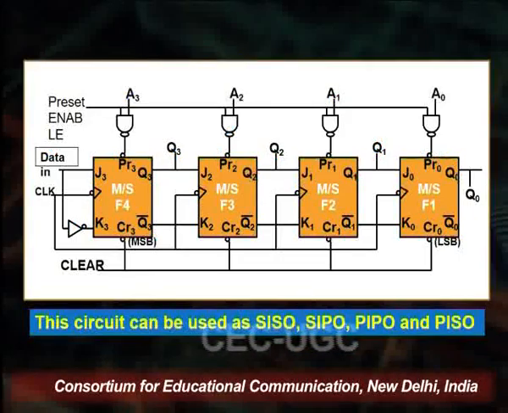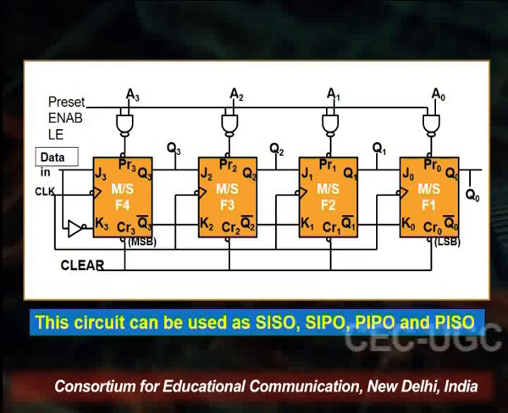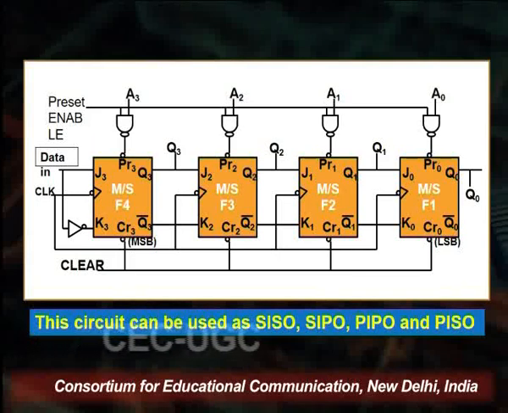It is important to note that the moment we put in the clock, then the inputs J and K are called to perform, and the flip-flops work in a normal fashion.